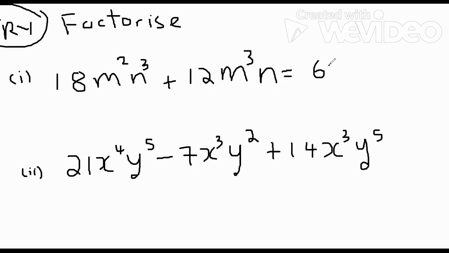It is 6m squared n, 3n squared, hold on, 2m. Okay, 3n squared. Okay, yes, plus 2m.